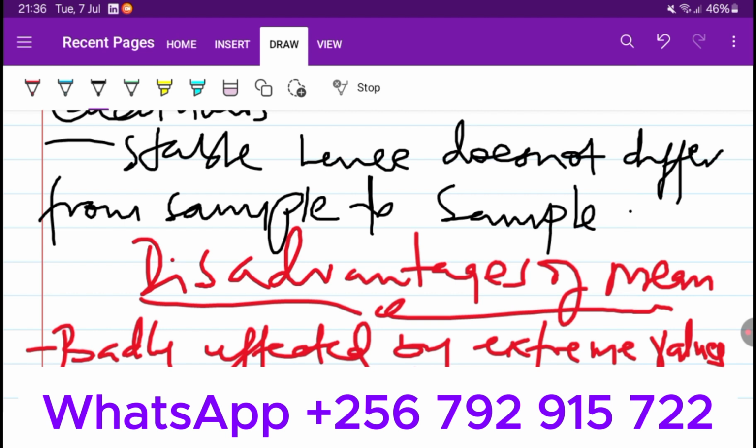It's very rare for the mean to actually correspond to any actual value in the data set.